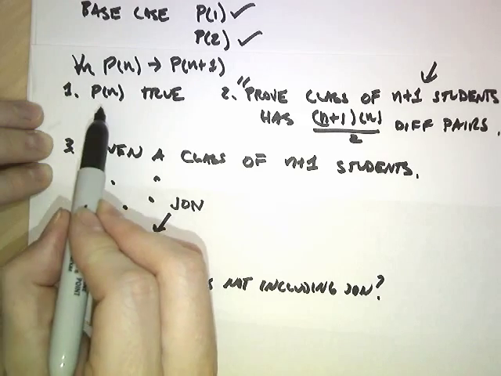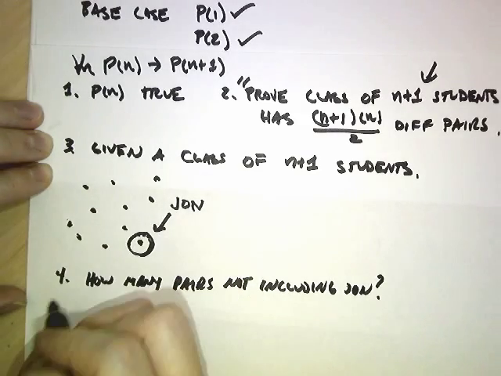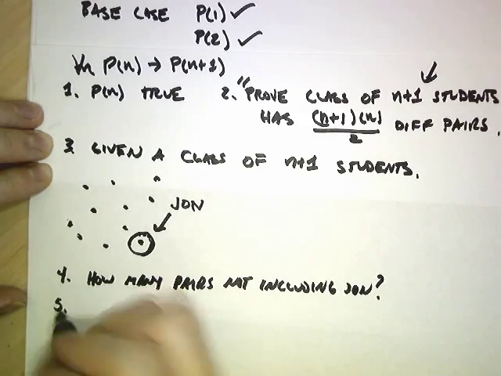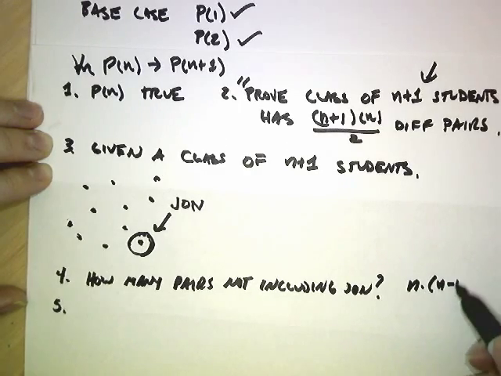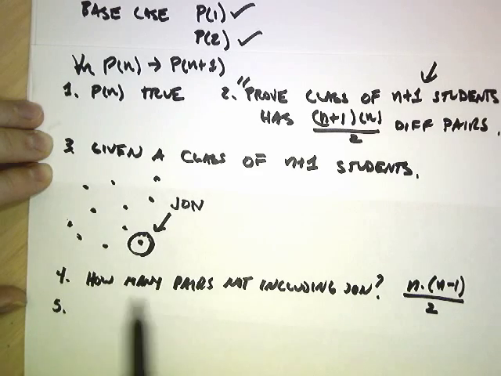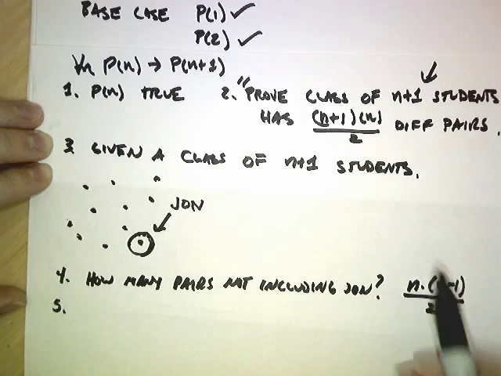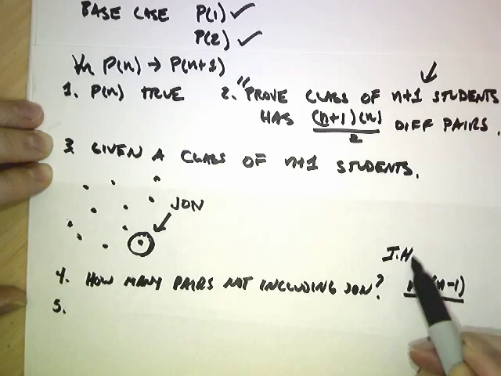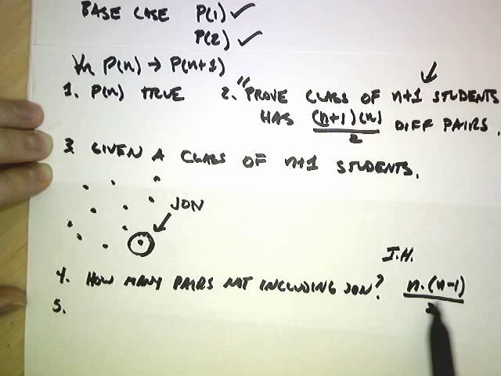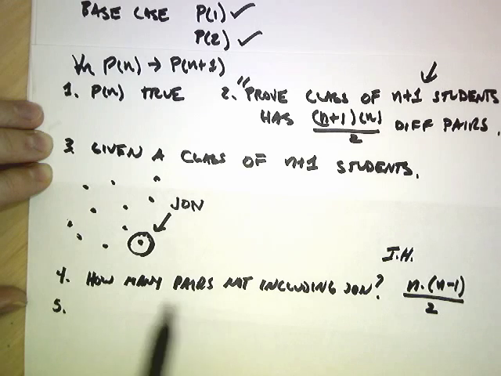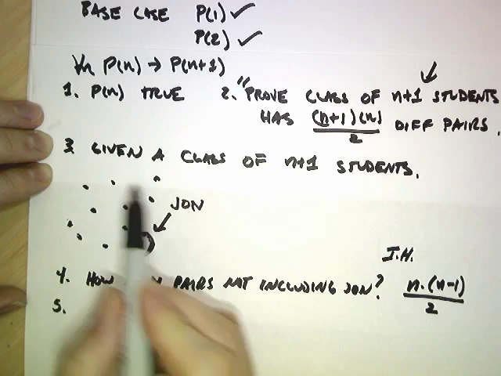Well, we assume that P of n is true, and P of n says that in a class of n students, there are n times n minus 1 over 2 different pairs. Okay, so how many pairs are there not including John? This is where we use the inductive hypothesis. Because we assumed P of n was true, it tells us there are n times n minus 1 over 2 pairs because this is n students.